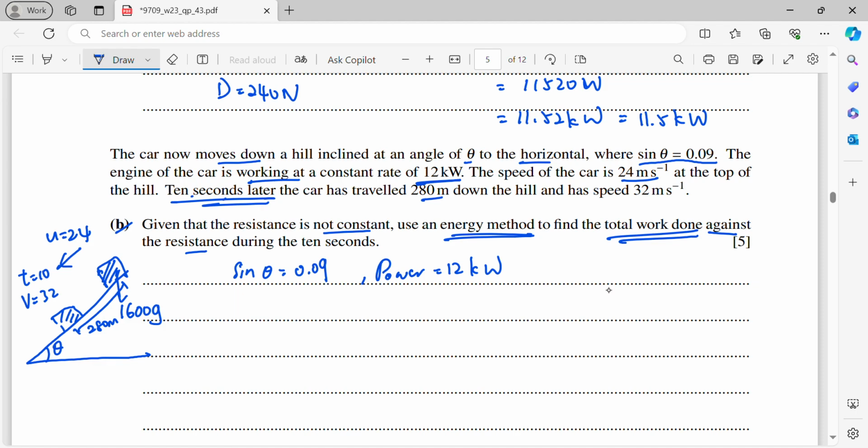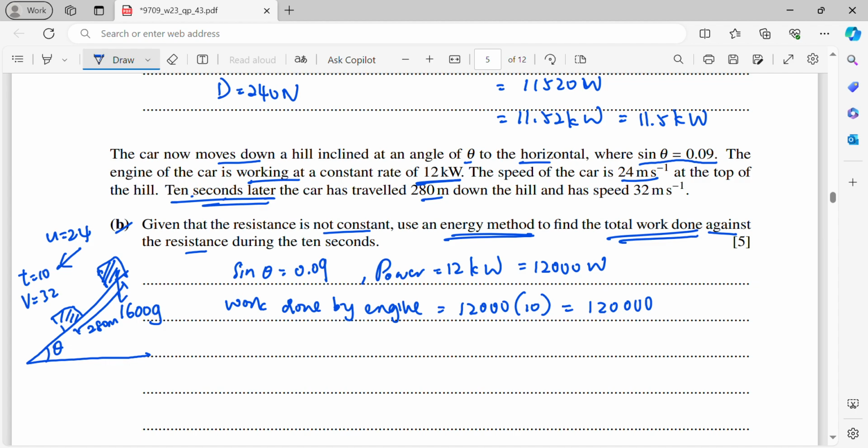So I will say my work done by engine will be the power, 12,000 watts times 10, because work done is F times d. So your F is the power now. Then from here you will be getting this amount.